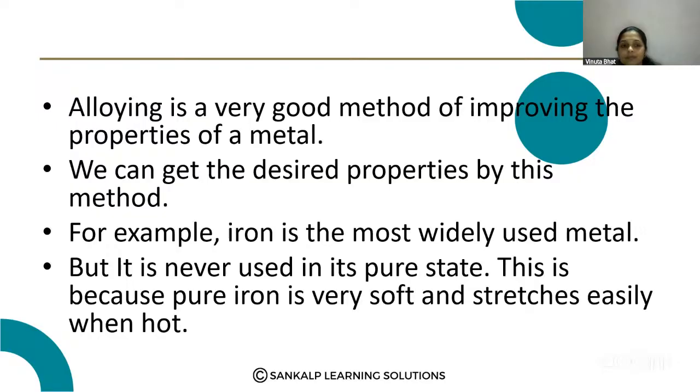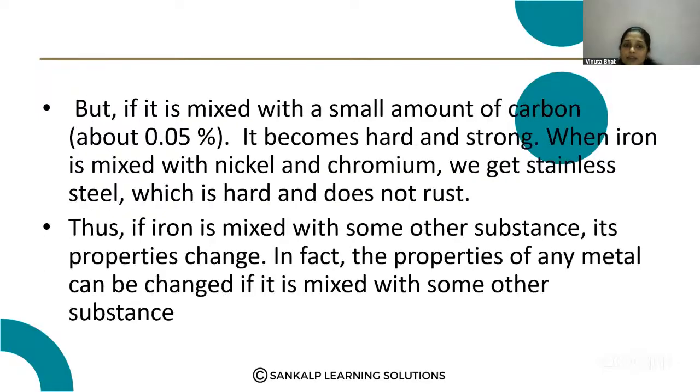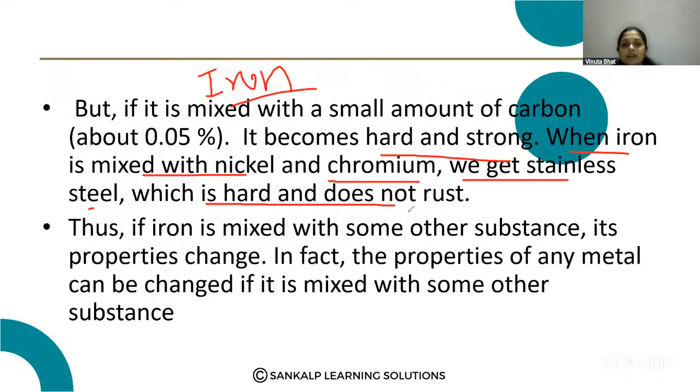Okay. But if it is mixed with a small amount of carbon, that is 0.05%, when the iron is mixed with the carbon, it becomes hard and strong. When iron is mixed with nickel and chromium, we get stainless steel, which is hard and does not rust.